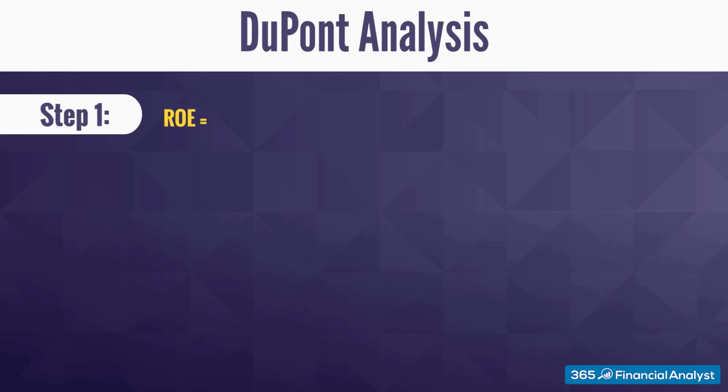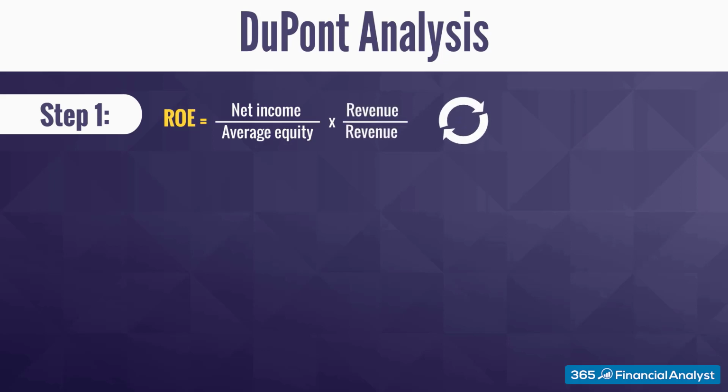Return on equity equals net income divided by average equity, right? Now, what happens if you multiply both the numerator and denominator by total revenue? Then we have two formulas. One times the other still gives us return on equity. Hold on a minute. Do you recognize what these two ratios stand for? Spot on.